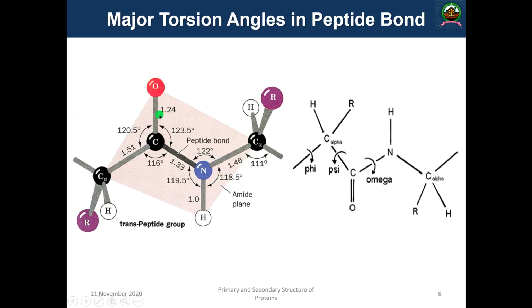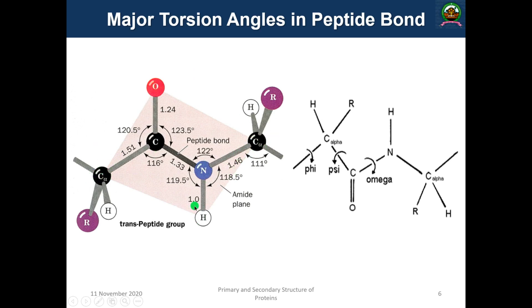You can also see the C double bond O bond length is 1.24. I told you C, H, C alpha and O, O, C alpha, H and C alpha, and N. These are all involved in a single plane.